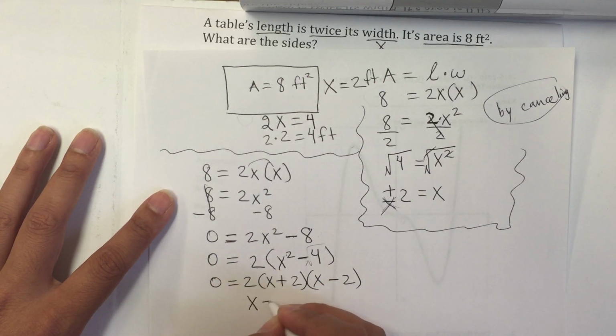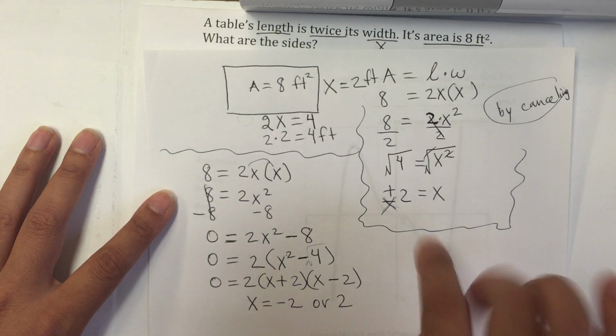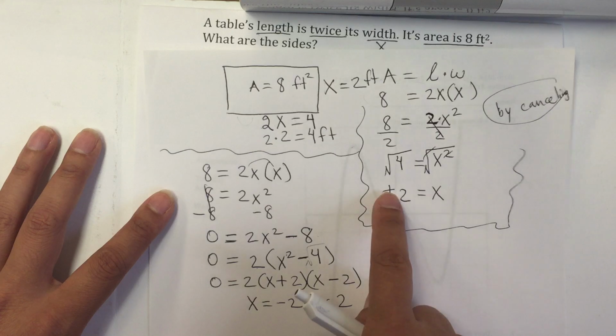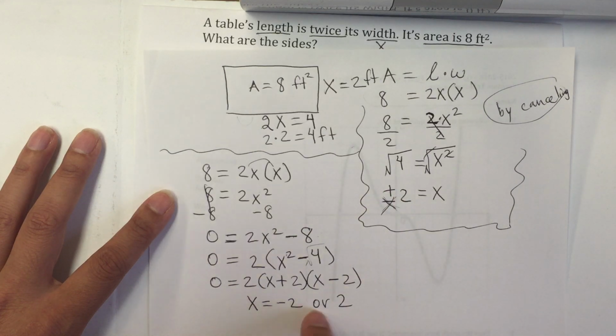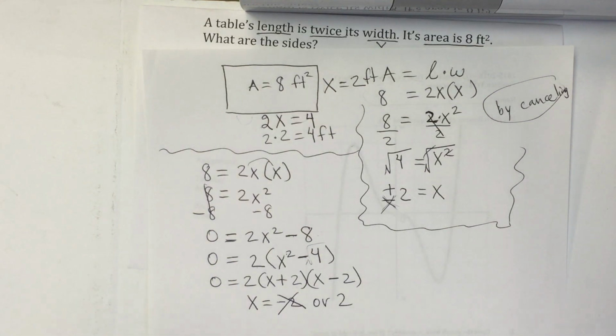And so the value of x is equal to the opposite, so that this can become 0. So the opposite will be negative 2, because negative 2 plus 2 is 0. Or positive 2, because 2 minus 2 is 0. If you notice, I get the same two answers. Positive 2, negative 2, negative 2, positive 2. Order doesn't matter.